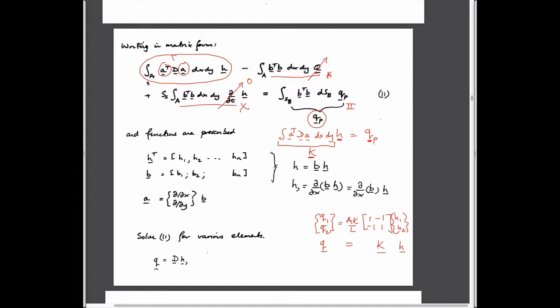And so the idea is that if we know what these shape functions are, we know that it's written down here, the A matrix is equal to the derivative with respect to x and the derivative with respect to y of the shape functions, which we've defined.